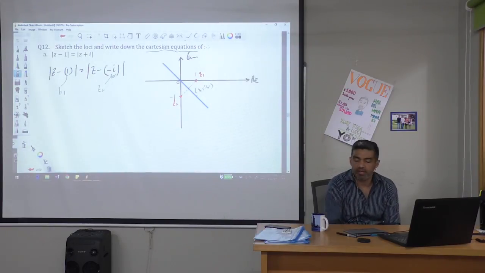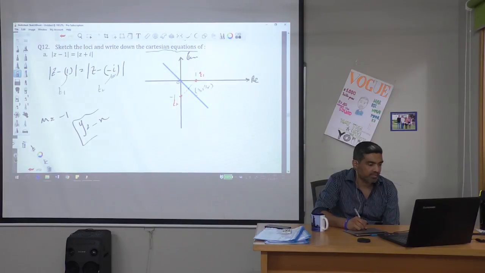The line passes through the origin, and you already have two points, 0,0 and a half, minus a half. You can find the gradient. The gradient is minus 1, and clearly the y-intercept is 0. So I guess the equation is y equals minus x.